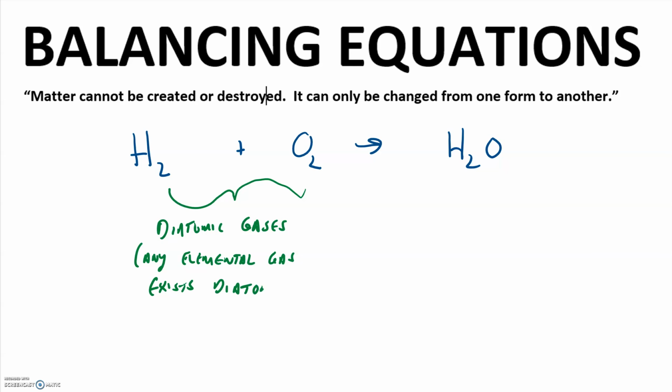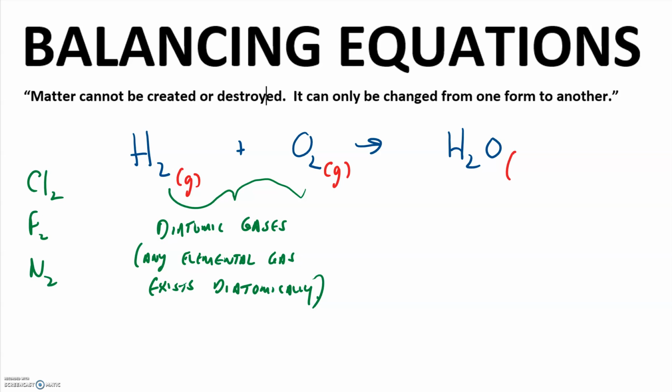So be careful, because anytime you see a gas that is one element, chlorine gas, fluorine gas, nitrogen gas, they all have to exist like this. It's just a fact. And we'll make sure that we indicate that they are gases with this little lowercase g, because that's what they are.